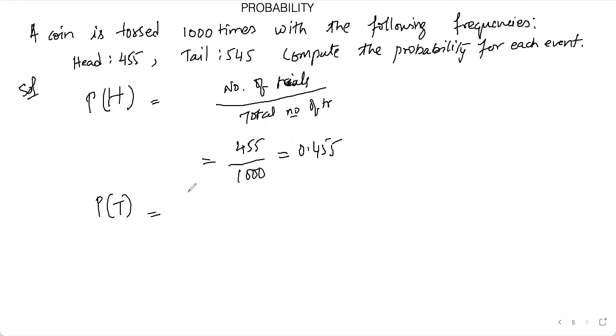It is 545 divided by 1000, which we get as 0.545. Therefore the probability of getting tails is 0.545.